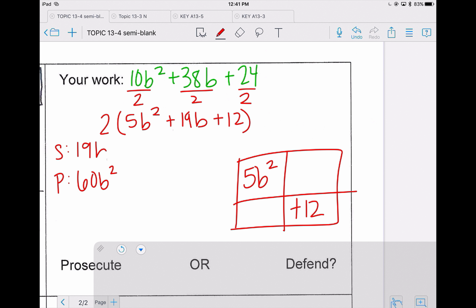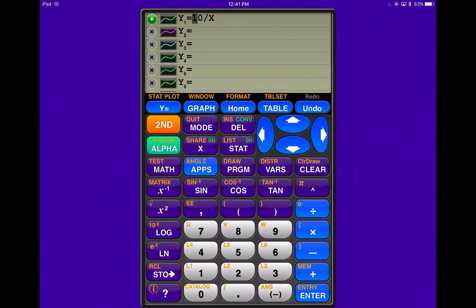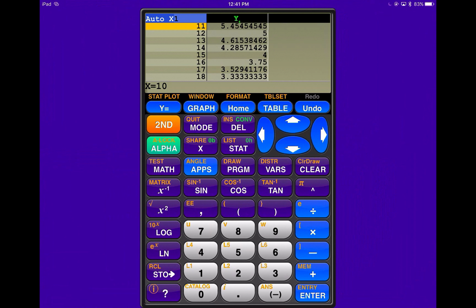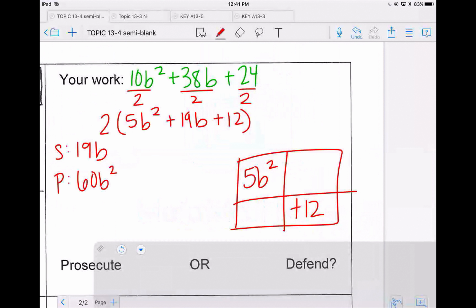My sum is 19b. So in y equals, I put 60 divided by x, and I'm looking for two numbers that would add to 19. 15 plus 4 would add to 19. So 15 and 4, both of these are positive.